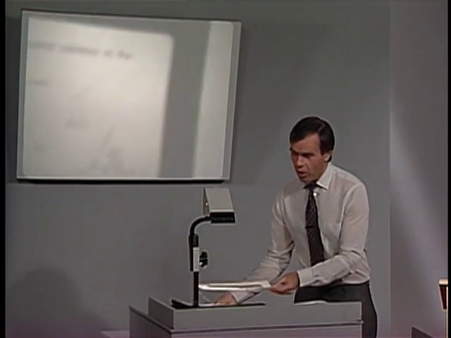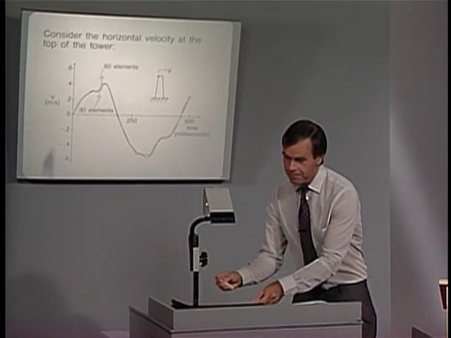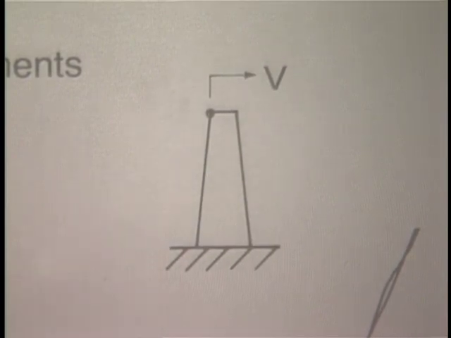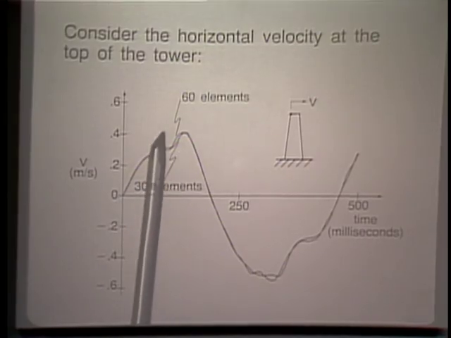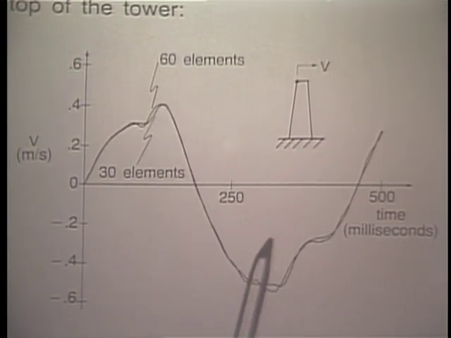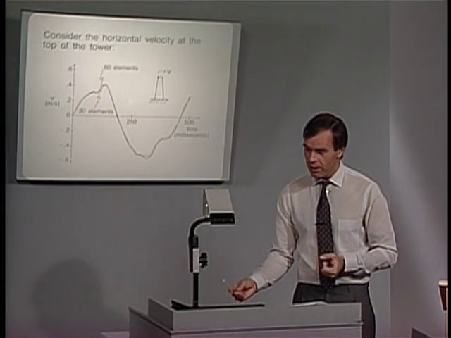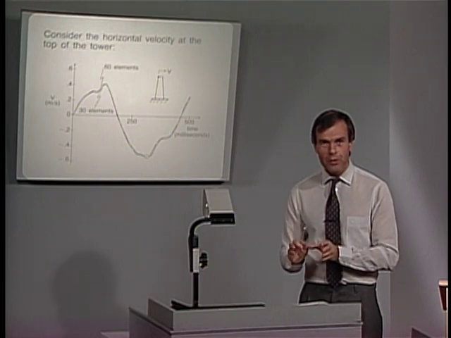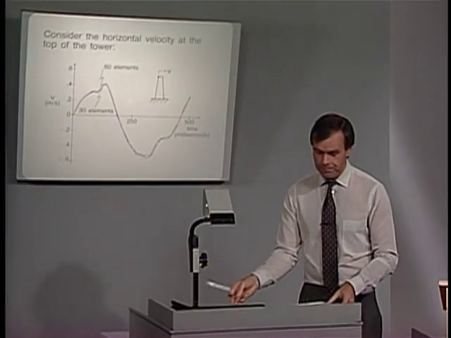If we look at the horizontal velocity at the top of the tower, we find that there are some small differences between the 30-element and 60-element mesh. If we were to look at the accelerations, these differences would of course be even larger. But the purpose of this analysis was to calculate the displacements and velocities at the top of the tower.